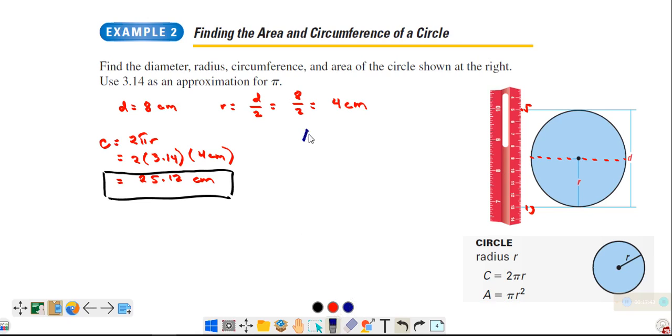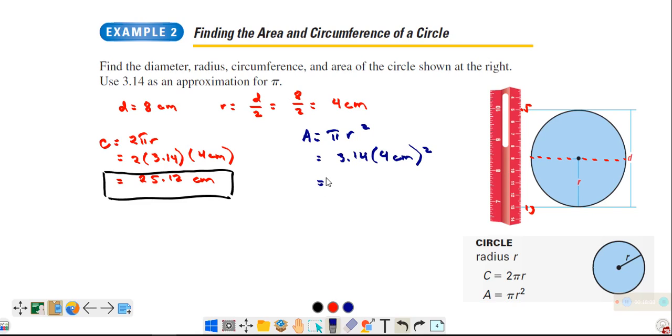Baguhin natin yung kulay. So, si area naman, we have pi r squared. So, our area is equal to 3.14 times 4 centimeter squared.